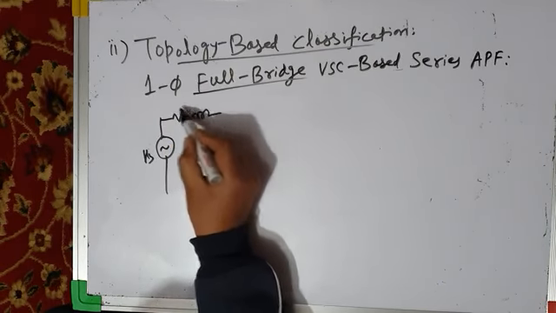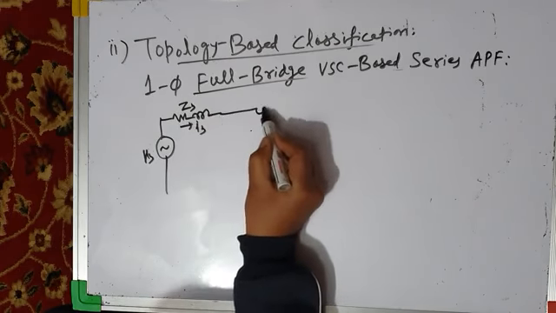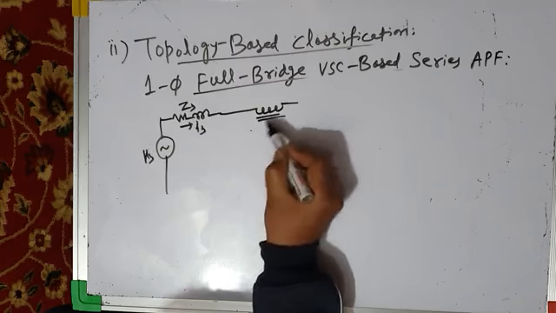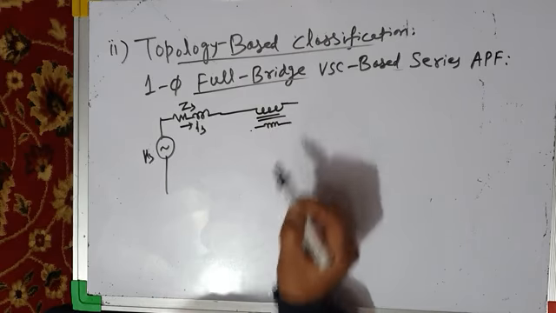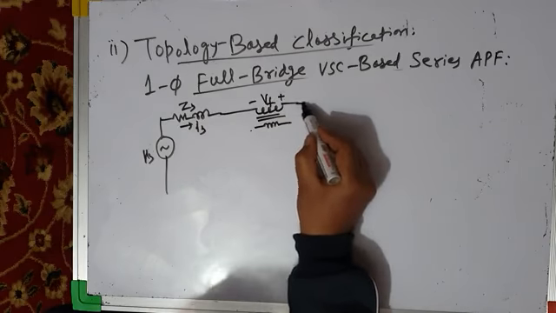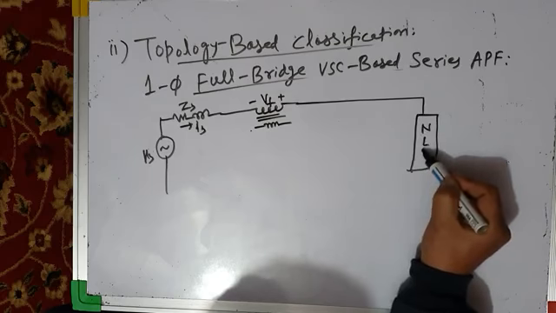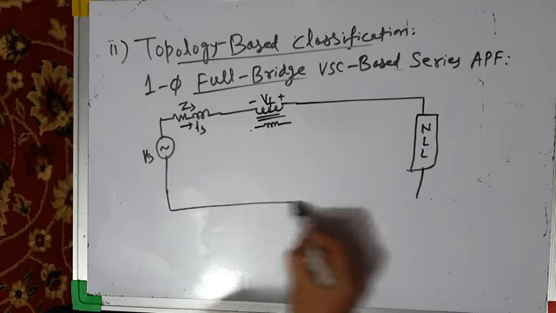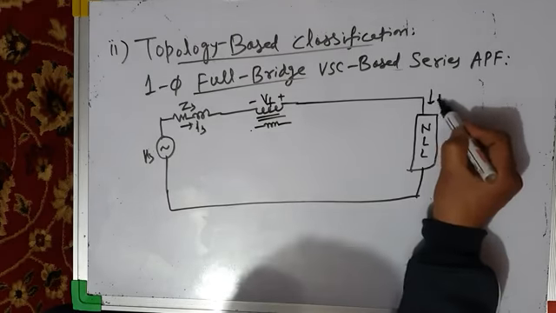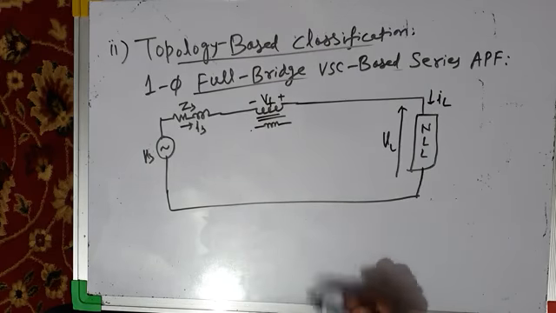This is the line or source impedance ZS. This is the source current IS, and this is the DVR, the series active power filter injection transformer. It injects the compensation voltage VF, and this is your load. It may be a single phase non-linear load, or even a linear load. Load current is IL and load voltage is VL, and we want this load voltage to be sinusoidal.